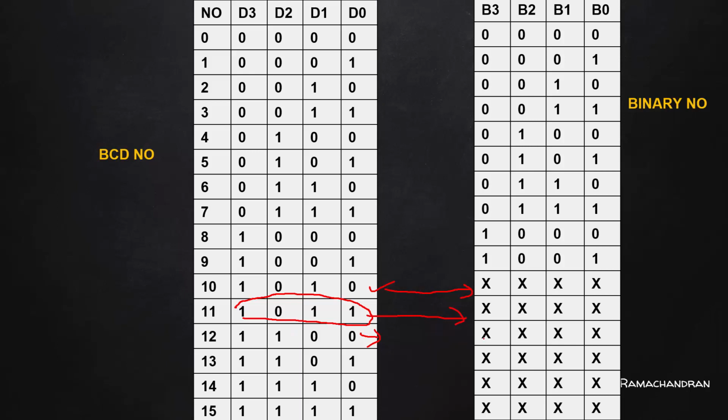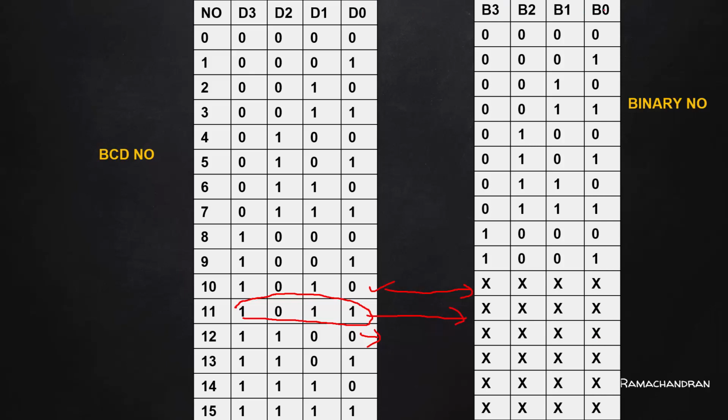So write all don't cares in our output table, and the same repeats for 13, 14 and 15 also. Okay, so this is our output table.